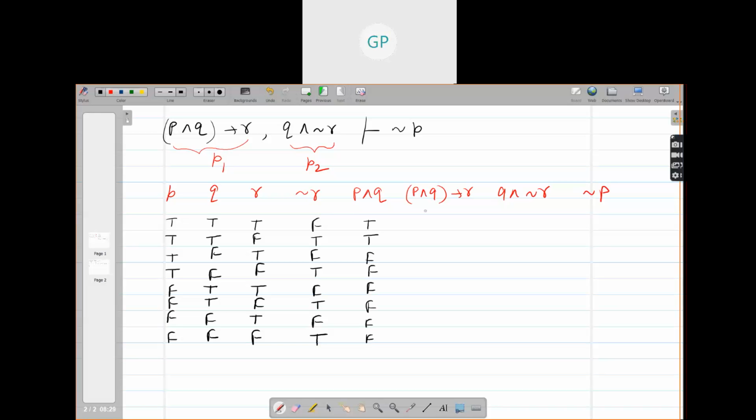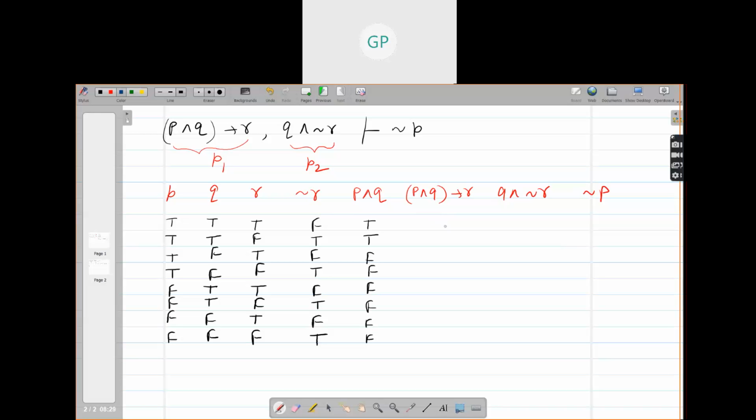Next, P and Q implies R. Here order is very important. In the conditional statement, P and Q is the first statement and R is the second statement.